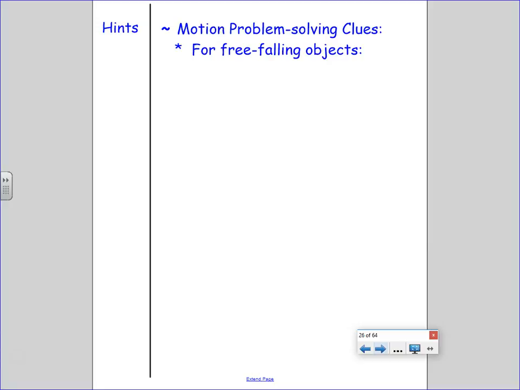Okay? For free-falling objects, a diver jumping off of a diving board, that's an example in the book, or a water balloon being dropped, or a baseball being dropped, or something being thrown up in the air and then it comes back down. For free-falling objects, if you see something like hit the ground, you take position and you set it equal to 0.